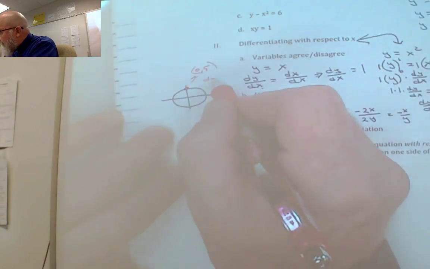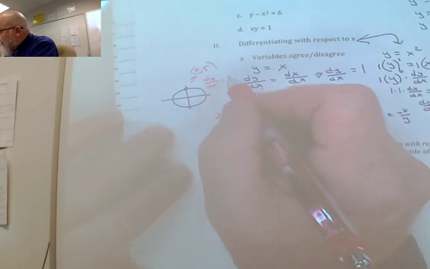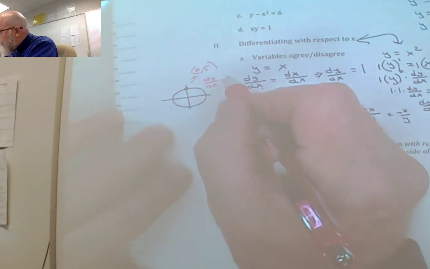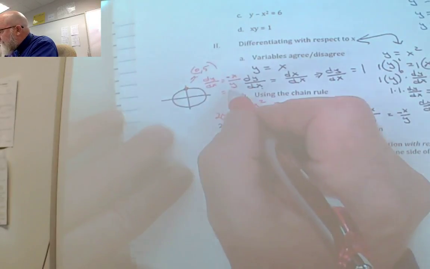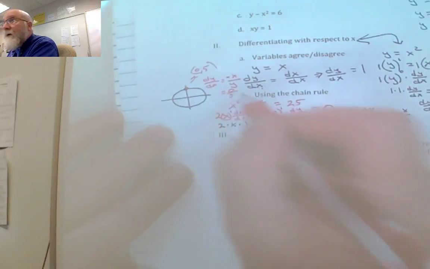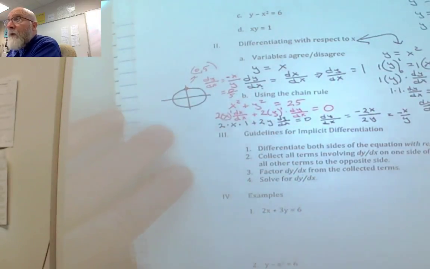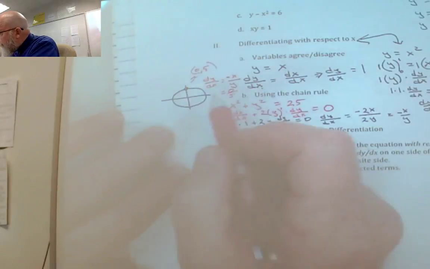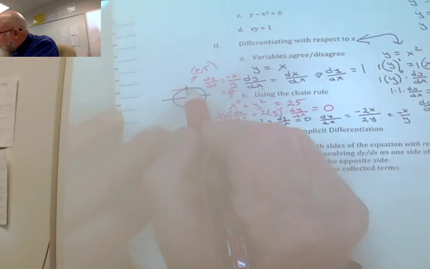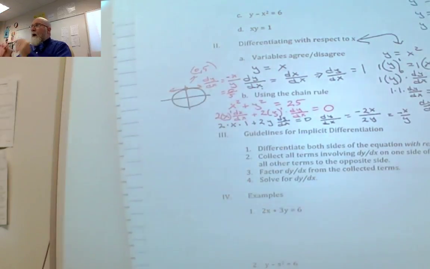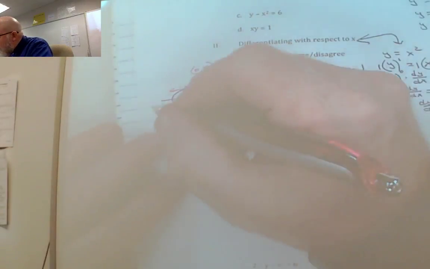And dy dx is equal to a negative x over y. So I get 0 over 5. Did everybody see where I get 0 over 5 when I put that in? So what's the slope of this tangent line here? 0. It should be 0. It's a horizontal line, isn't it? Does that make sense?